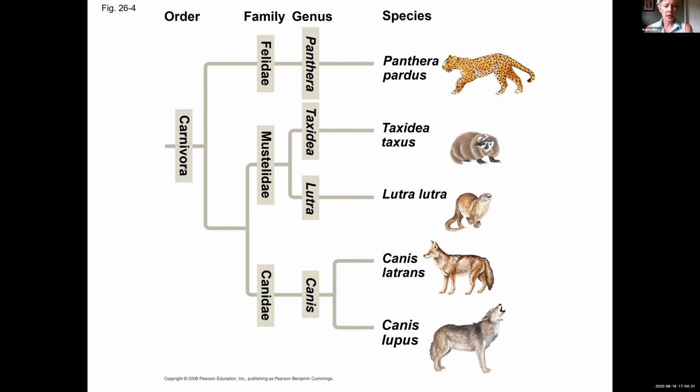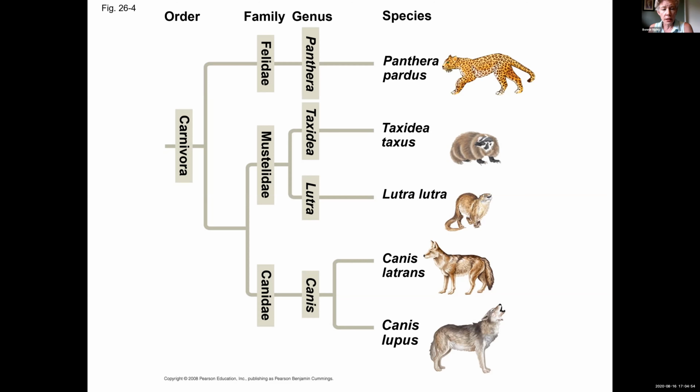So let's look at this idea in a little more detail with some examples. So again, when we see that we have two kinds of dog-like animals, they're going to be together in the genus Canis. Canis latrans is a coyote, Canis lupus is a wolf. Canis familiaris is going to be our domestic dog, and it's going to be in that same genus too.